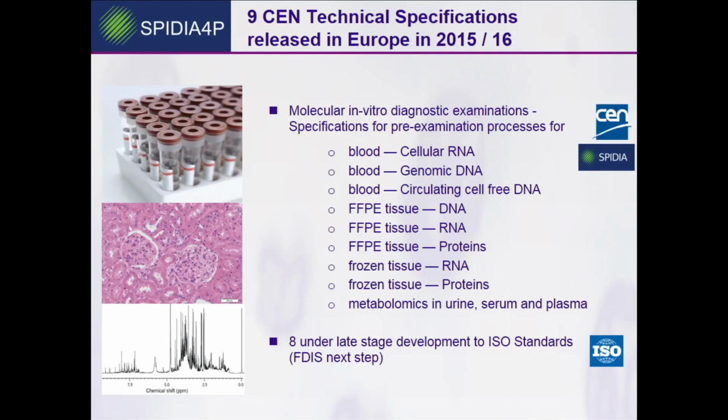So there's one pre-analytical workflow from human whole blood for isolated cellular RNA, genomic DNA, circulating cell-free DNA; from FFPE tissue, isolated DNA, RNA, proteins; frozen tissue for RNA, proteins, DNA is in the making; and for metabolomics in urine, serum, and plasma. Eight out of these, with the exception of metabolomics, which is a little bit behind, I mentioned, are all in late stage to progress to full international standards.